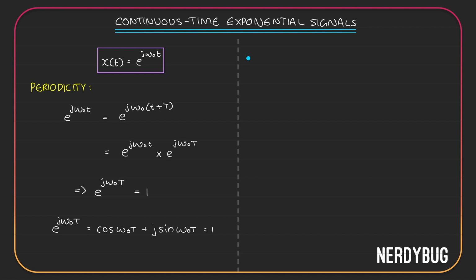Let us acknowledge a first case that if omega naught is equal to 0, then what will be x of t? X of t is e raised to j omega naught t. If omega naught is 0, it becomes e raised to 0. So x of t is 1 in that case. X of t is 1 means the value of the function is 1 everywhere.